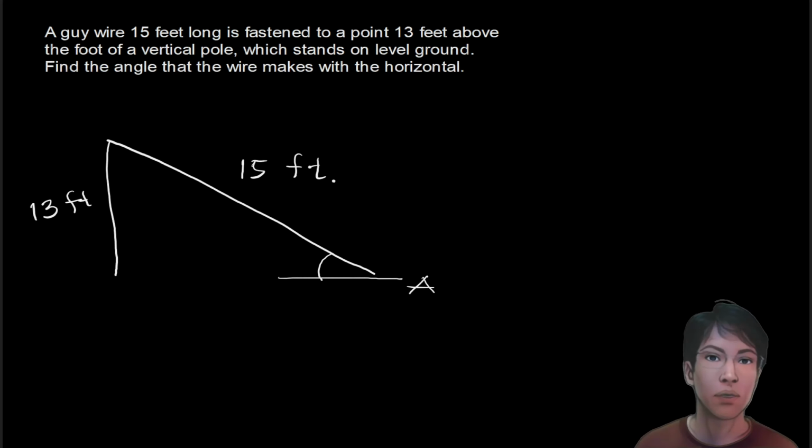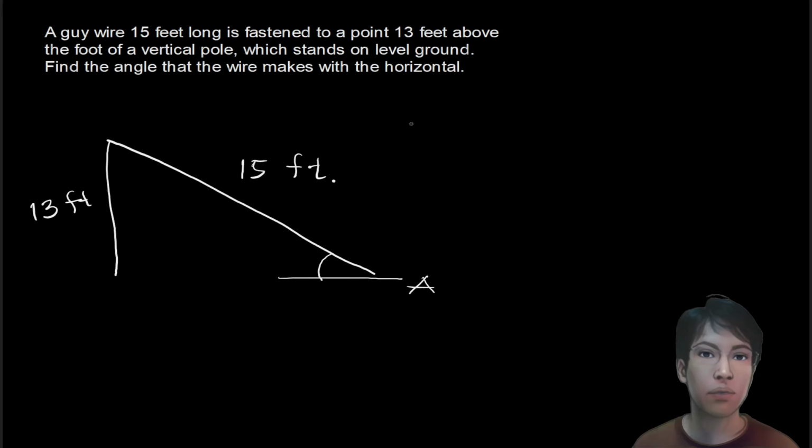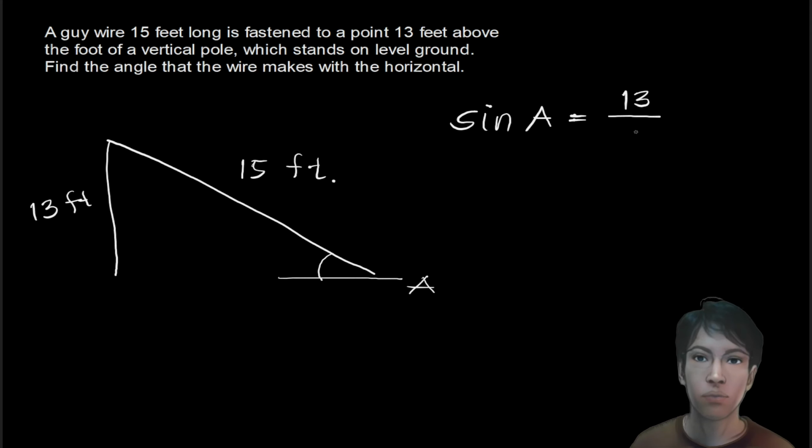If you remember the six trigonometric functions of an acute angle, in this case I will be using sine. So sine A is opposite over hypotenuse, so 13 over 15.